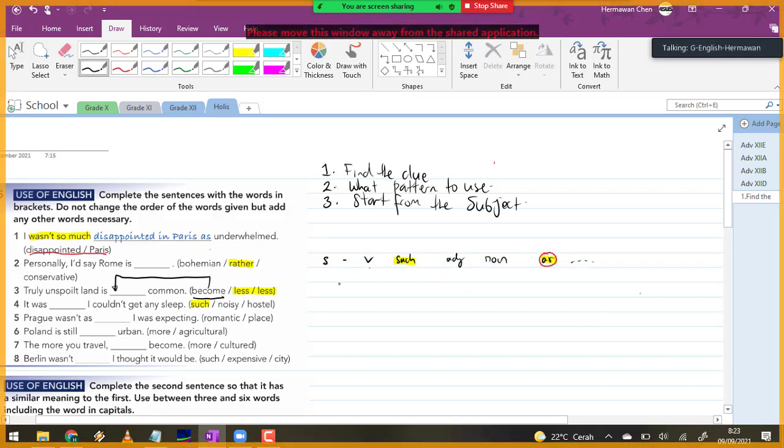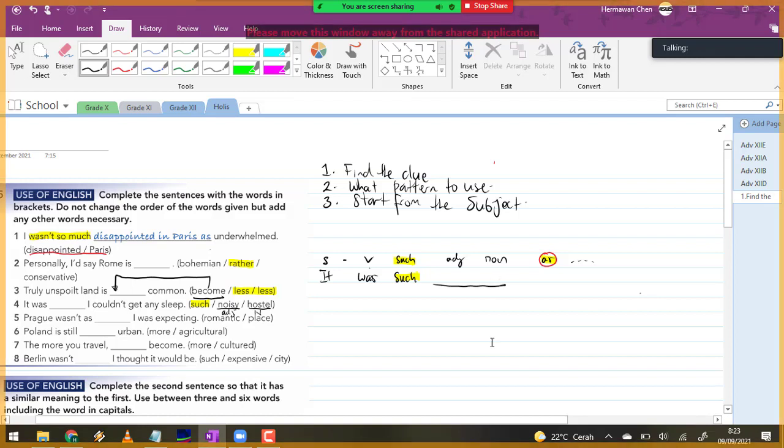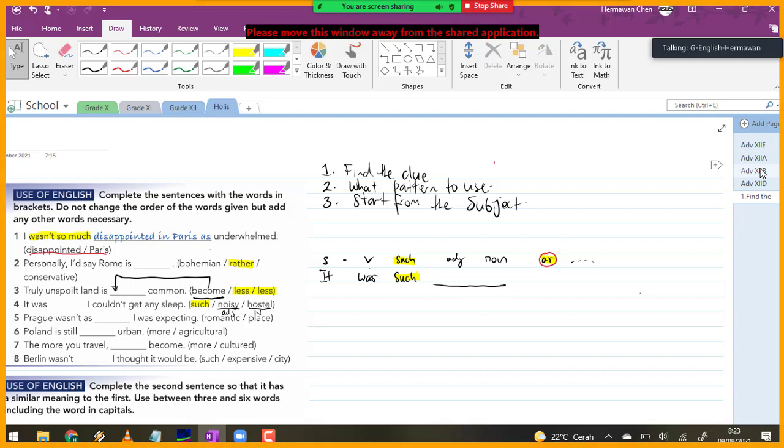Let's start from the subject. The subject is it. The verb is was. Right after that, you have to use such. Okay, such is taken from the brackets, and then the adjective, and then the noun. Noisy is the adjective. Hostel is the noun. Put it here. However, guys, remember that if the noun is singular, have a look.